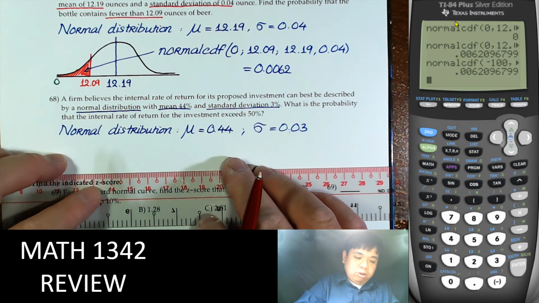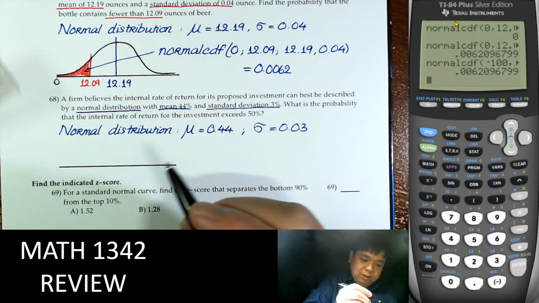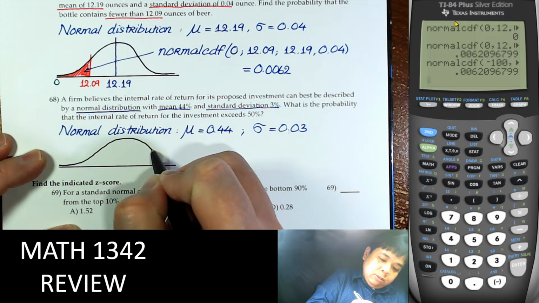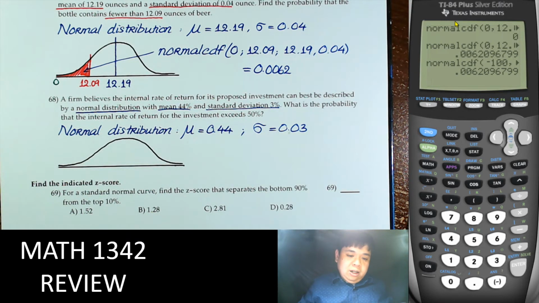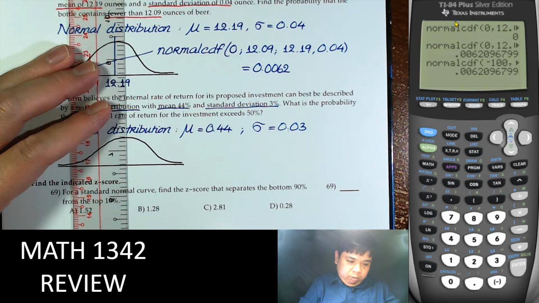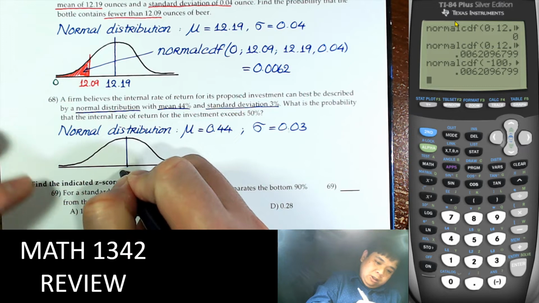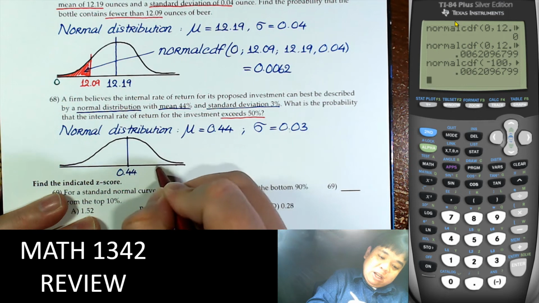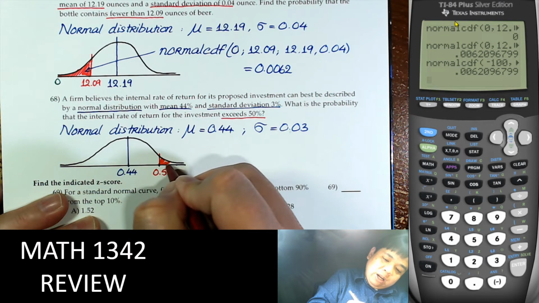So we can draw the normal curve. And the mean is 44%. This time we want exceeds 50%, so more than that.